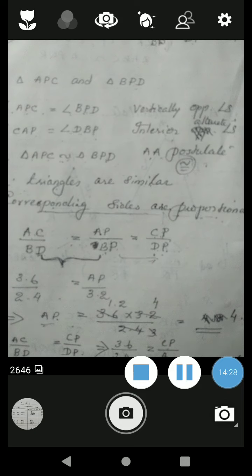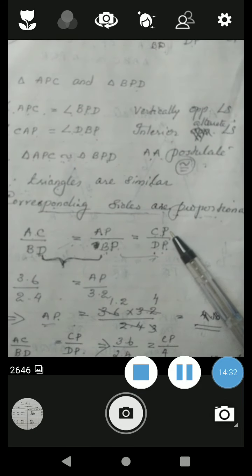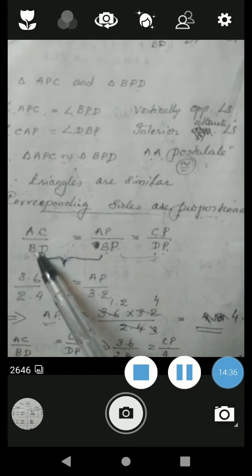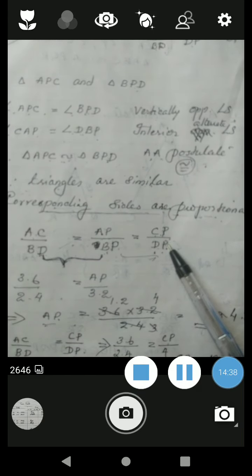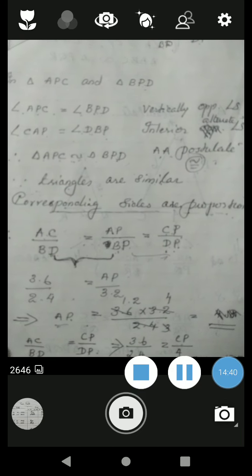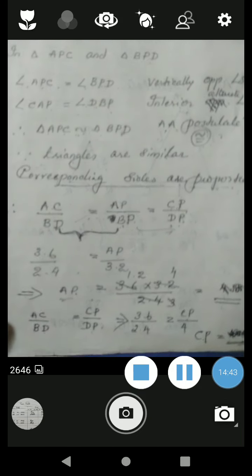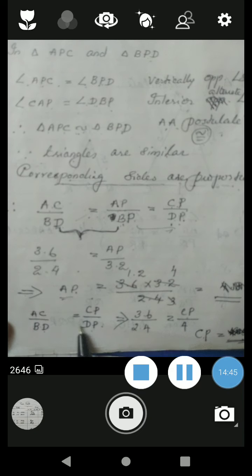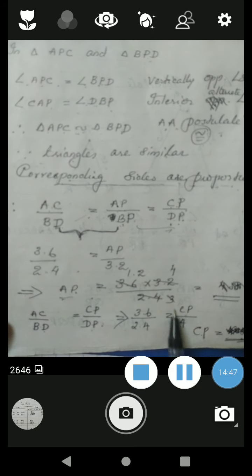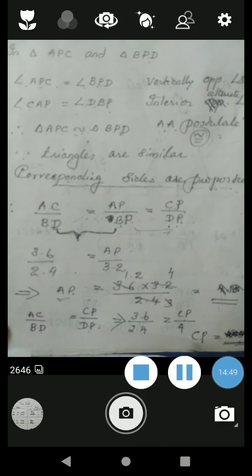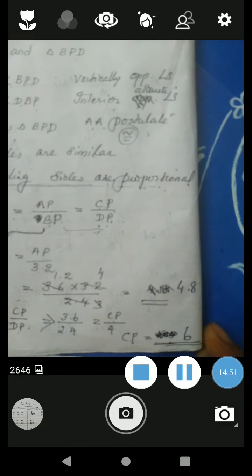Now we are going to find CP. CP is here, so these two we can choose. AC by BD is equal to CP by DP. Substitute the given values. Here CP is not given. Now cross multiply and when you simplify, you will get CP equal to 6 centimeter.